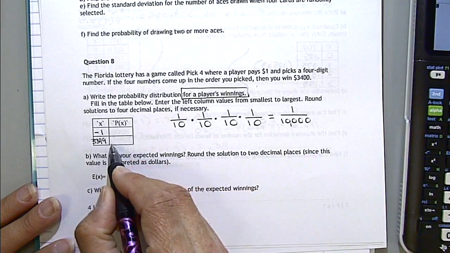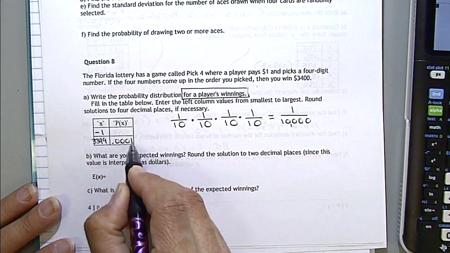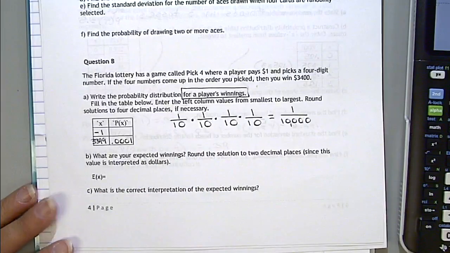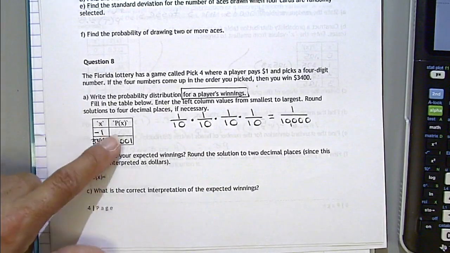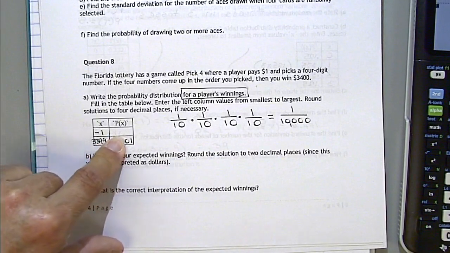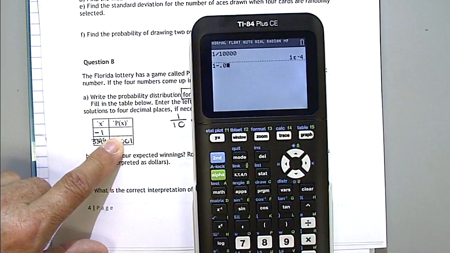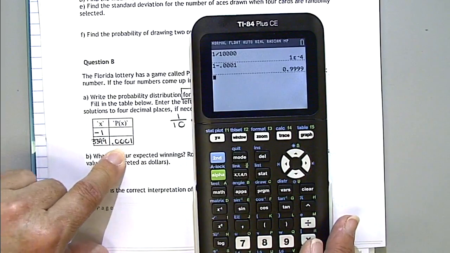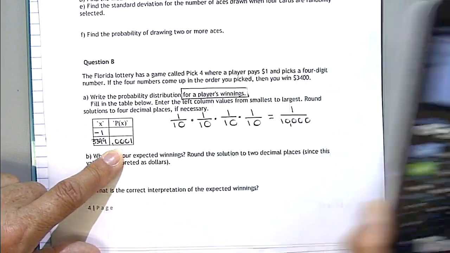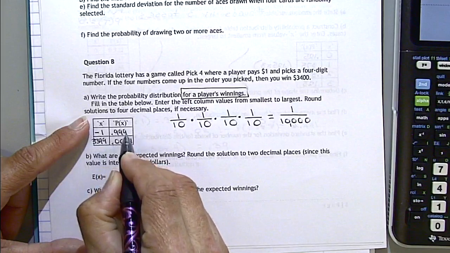It's going to be 0.0001. Take that and subtract it from the number 1 to get your probability of losing. 1 minus 0.0001, I get 0.9999. Well, they were not going to make it easy on you. This is the lottery.